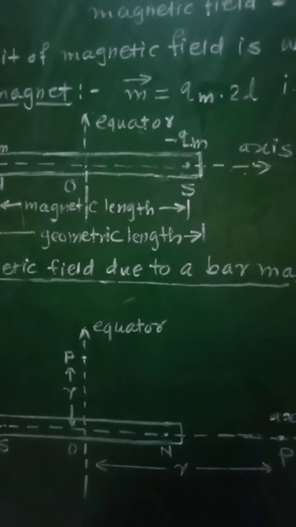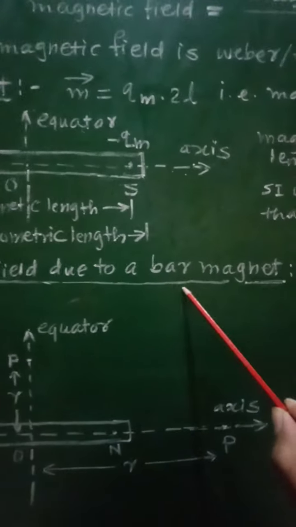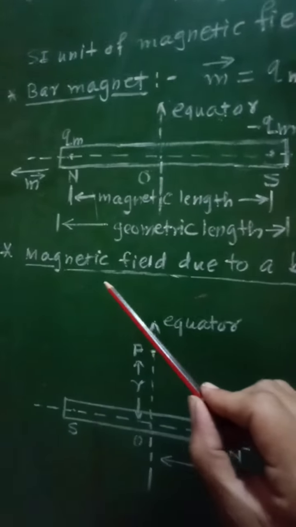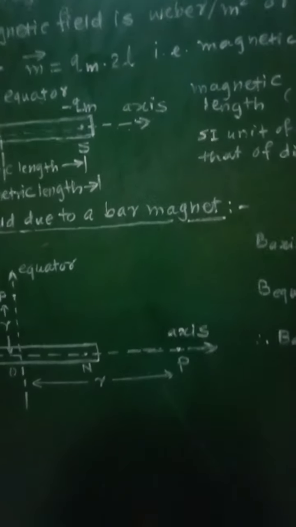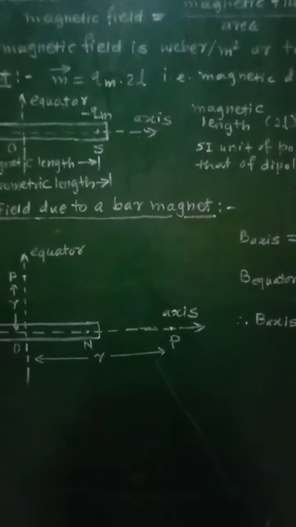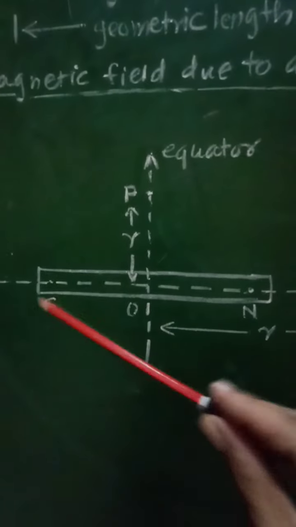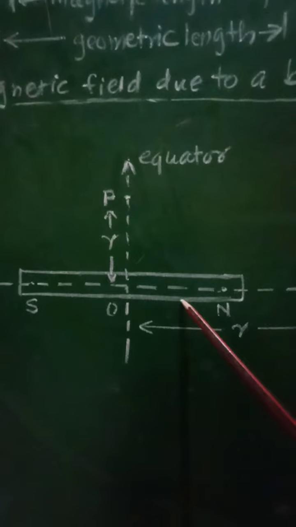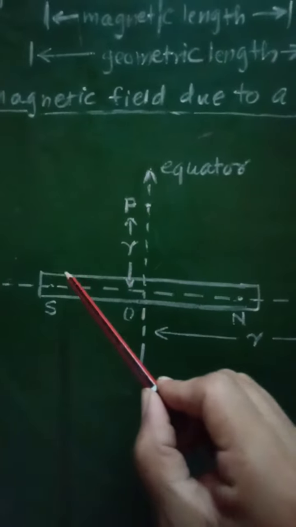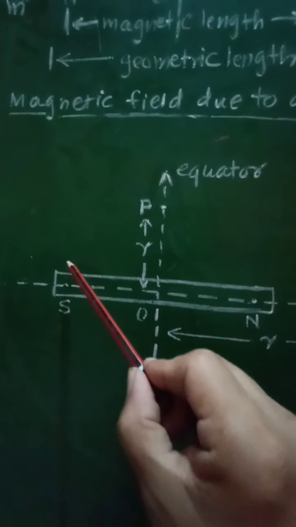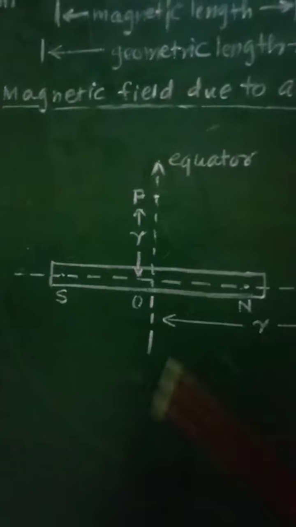So now let us see the magnetic field due to a bar magnet at any point. For that purpose, let us consider a bar magnet consisting of two poles S and N, separated by a distance 2L, having pole strengths minus Qm and plus Qm for the S and N poles respectively.